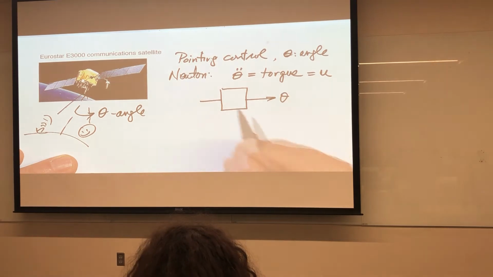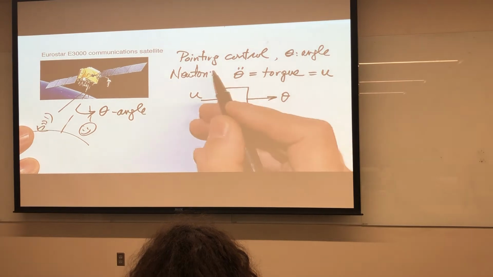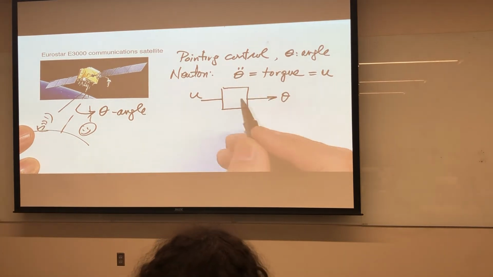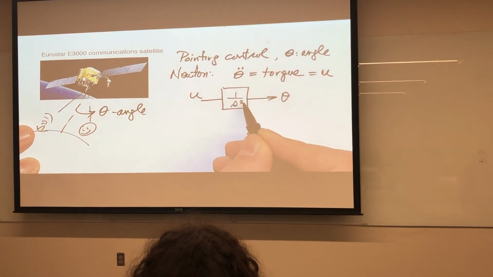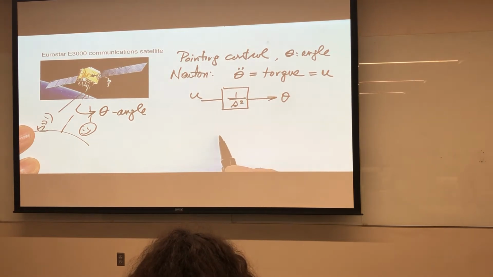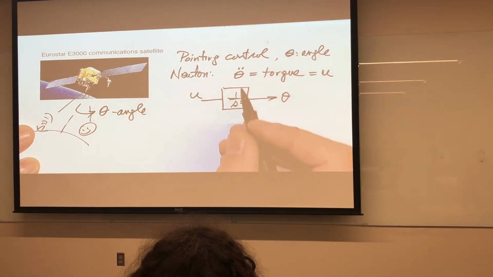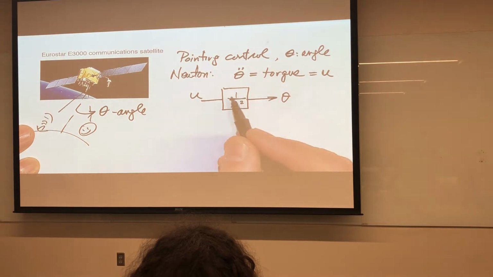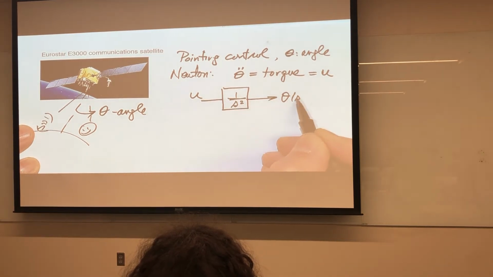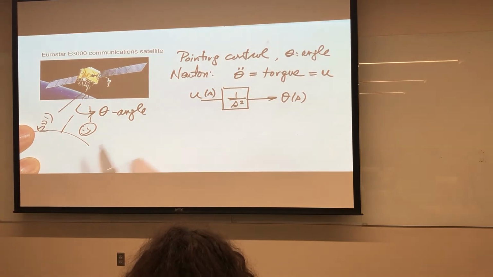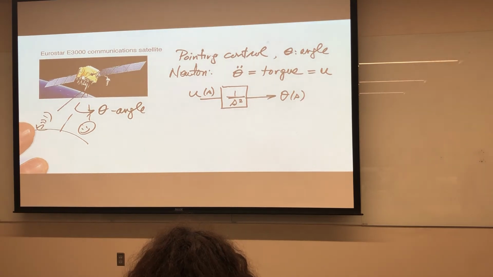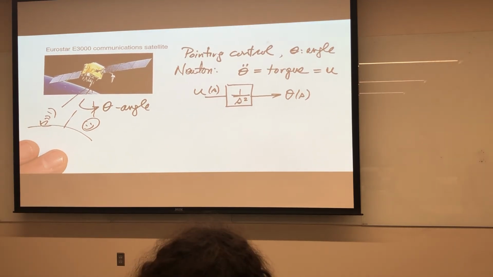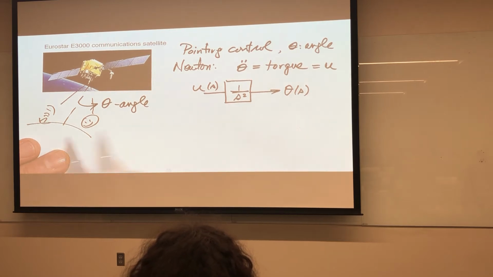We're controlling theta here, and the input is U. If we did the Laplace transform, our model looks like 1 over s squared. Theta of s over U of s gives you 1 over s squared.